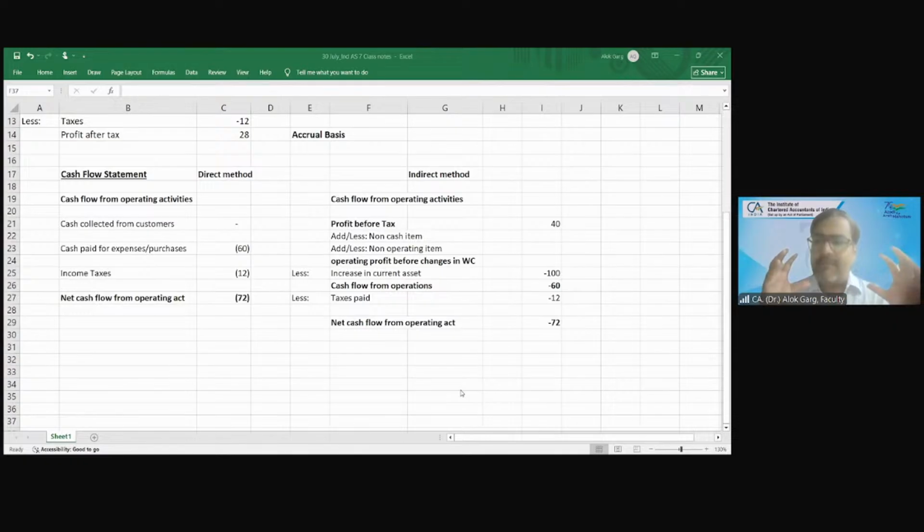So whether you apply the direct method or indirect method, your investing and financing activity will always be on the direct method, meaning whatever money you have paid, whatever money you have received. For example, your investment in mutual fund: you have invested 1,000 rupees and the market value has gone up to 1,800 rupees.